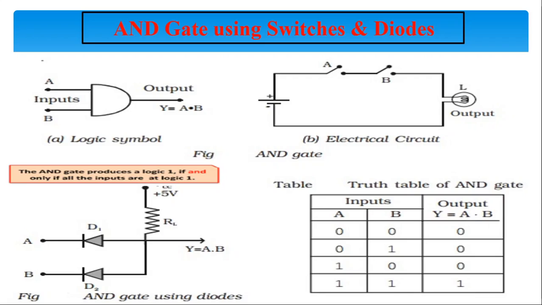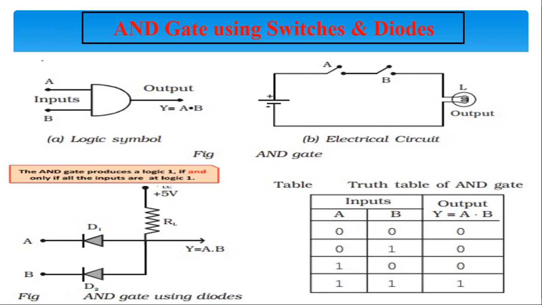Referring to the switch analogy, when both the switches are open, that is at zero level, no current flows from the battery to the lamp, thus the lamp is off.